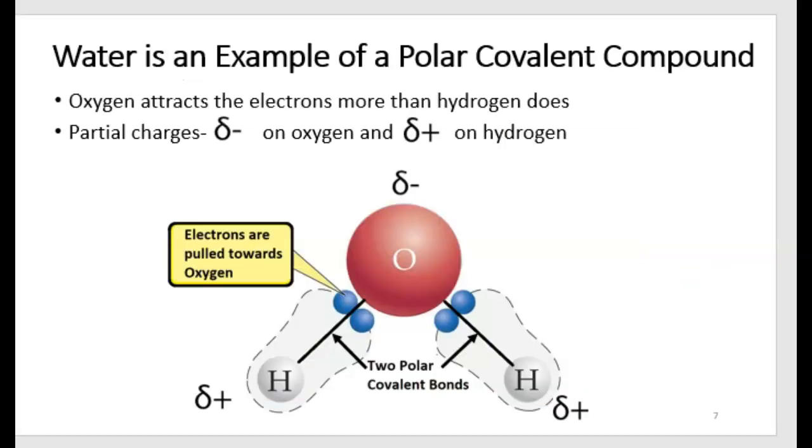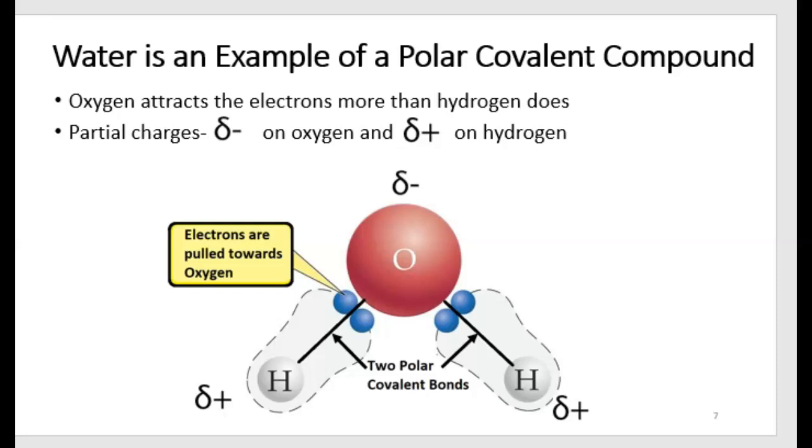So now we can look at water, and it's an example of a molecule or compound that has polar covalent bonds. These polar covalent bonds exist between the oxygen and the hydrogens of water. And I'm sure you know already that the molecular formula of water is H2O.